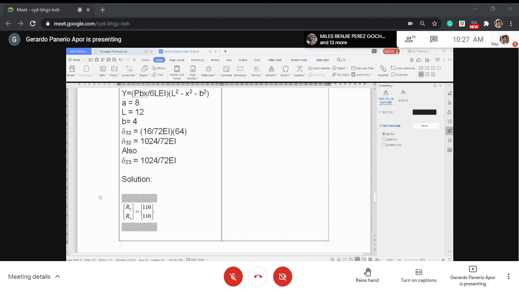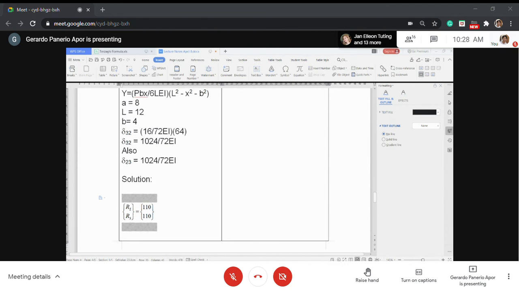You have 1024 divided by 72, 2048 divided by 72, multiplied by R2, is equal to, we have a positive here, so the positives, we have 28,160 divided by 6.